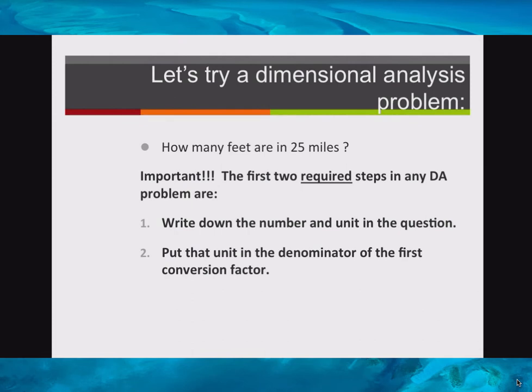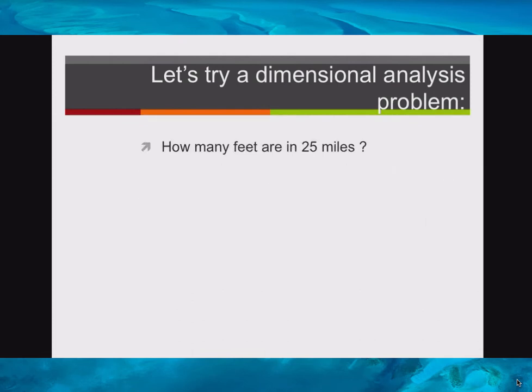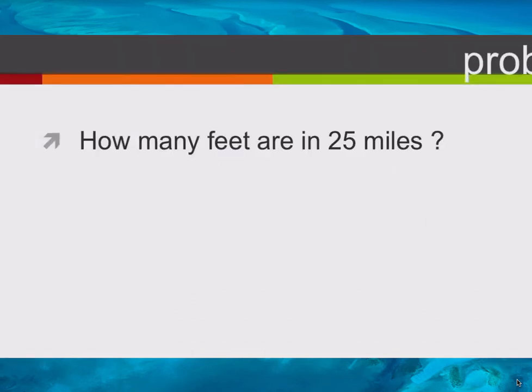When you are given a problem like how many feet are in 25 miles, the very first thing you do is write down the number and the unit given to you in the problem. So the very first thing I do is identify that they give me this term right here, 25 miles.